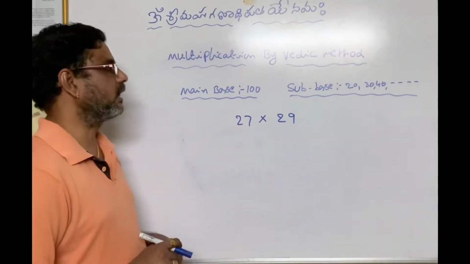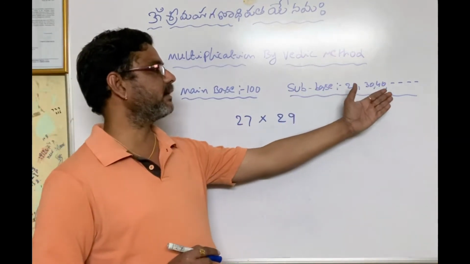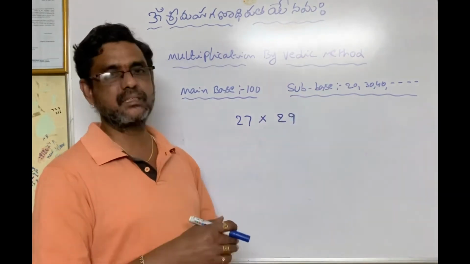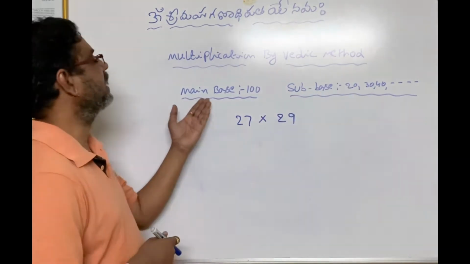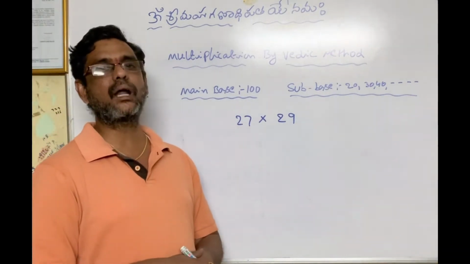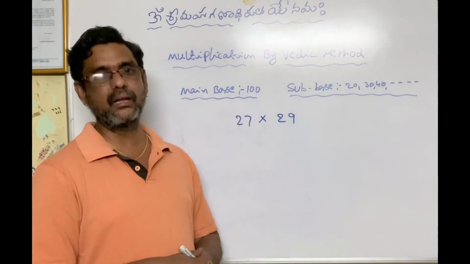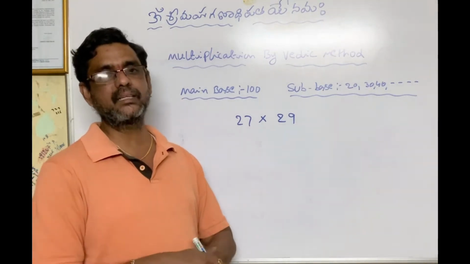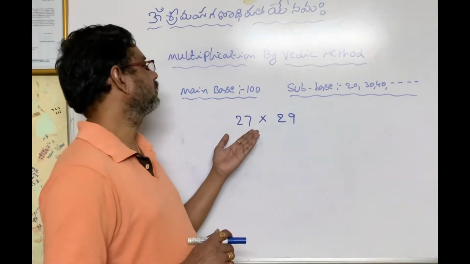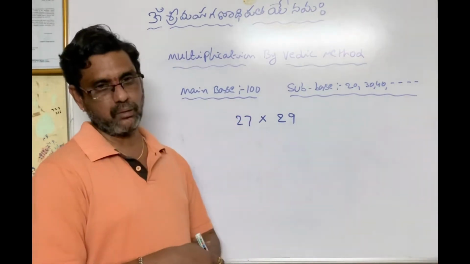Here I will call 20, 30, 40 and so on sub bases, and the main base I will take as 100. I will apply the Vedic Sutra Anurupyena and Nikhilam methods at the same time, and multiply these two numbers.